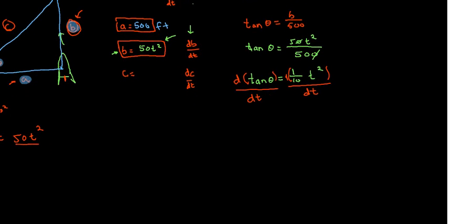Secant squared of theta. Of course, we technically just did the derivative of the outside. So now we have to take the derivative of the inside, which of course the variables don't match, theta and t.